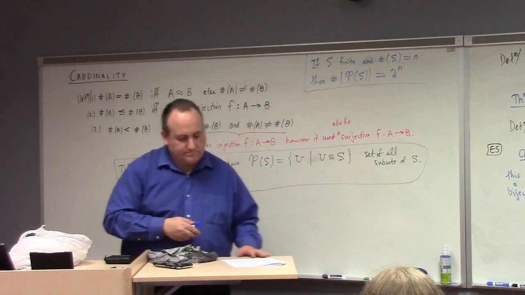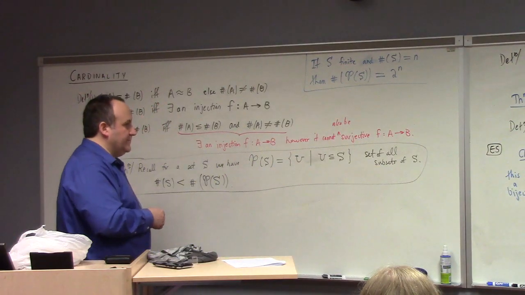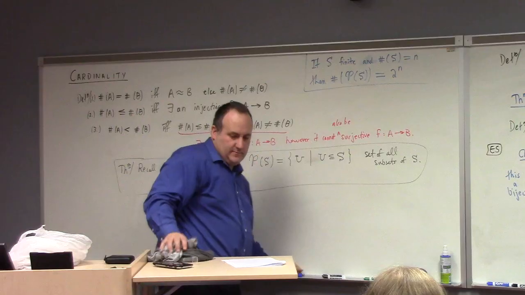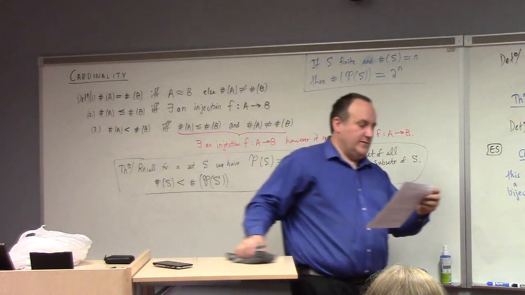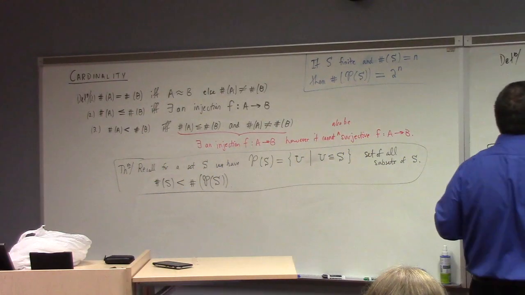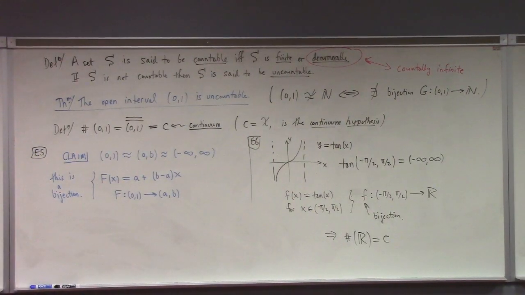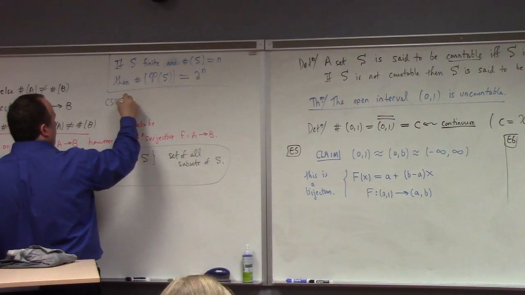So then, the Cantor-Schroeder-Bernstein theorem says something that seems dumb because the notation is so nice. This is the CSB theorem.